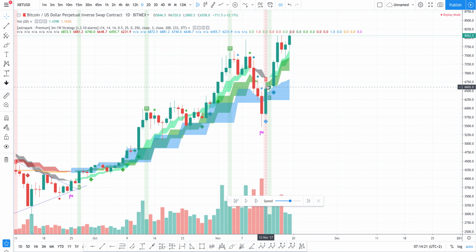Then it printed a signal here, but it's a false signal, I will not short, because the bearish trend is just this red line here in the current time frame, so just nothing. I will not accept this. Instead, I will buy back here after this buy, because the trend is still strong and getting stronger.